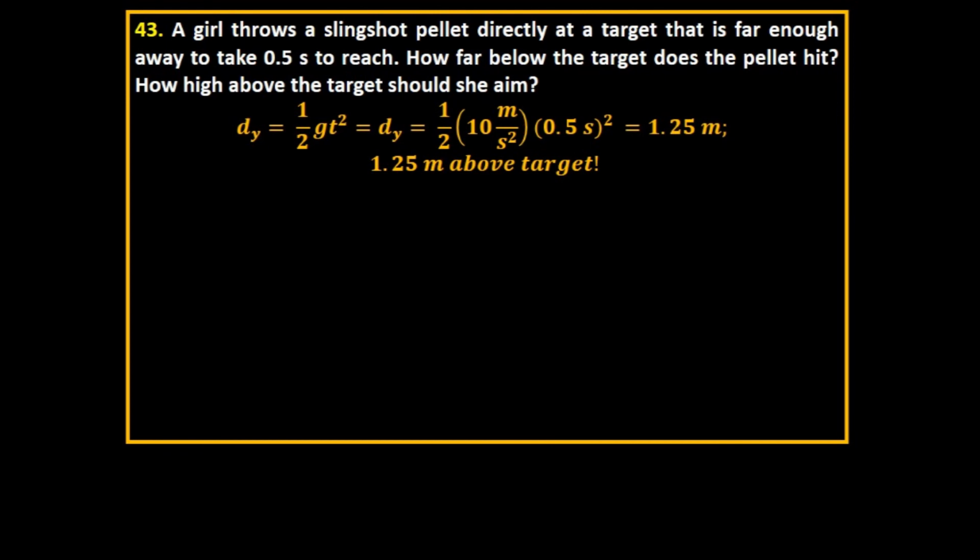So it's going to be 1.25. She's got to aim 1.25 meters above the target. What would that mean in terms of how long it's actually going to take to get there? Well, it would be 0.5 seconds to get there, and you're starting from rest.